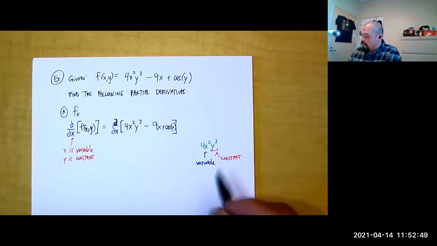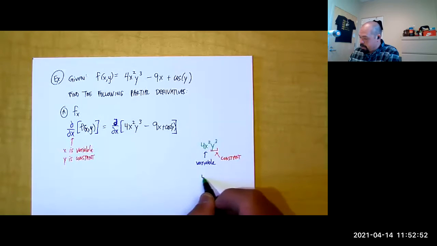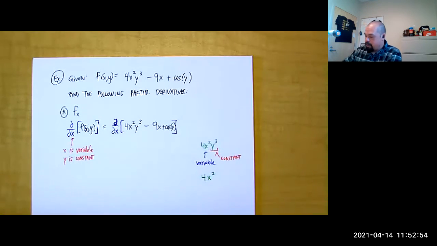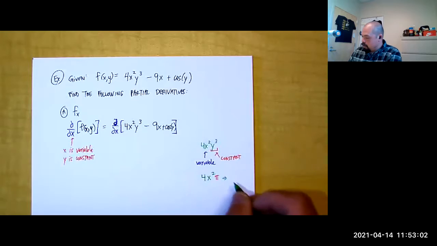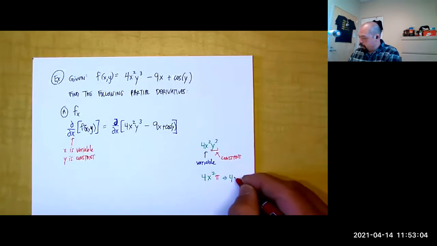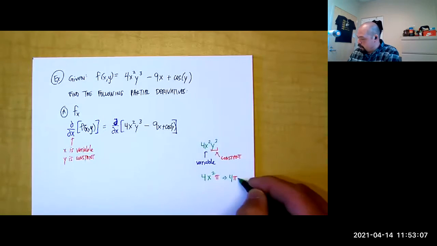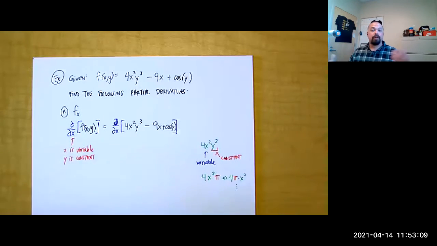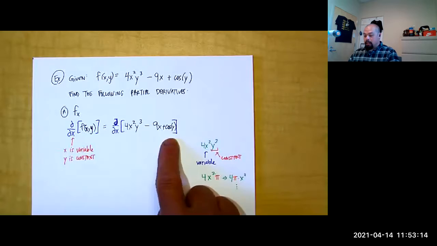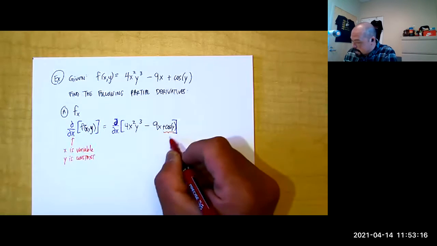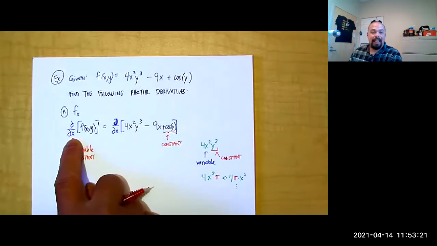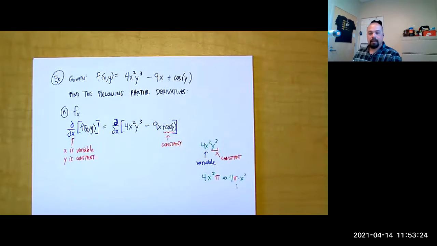So this might be similar to having 4x squared times pi, and we can rearrange, make it 4 pi times x squared. And then we can go through our derivatives. Similar to this cosine y, that entire component is all constant in view of taking the partial with respect to x.